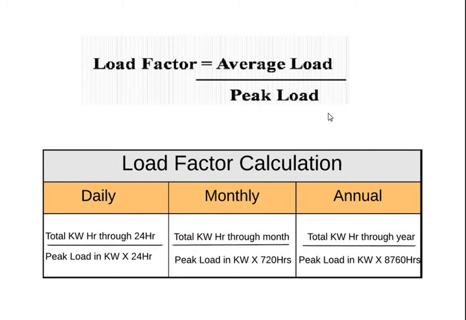You can see in this chart, on daily basis, the load factor will be total kilowatt hour through 24 hours divided by peak load in kilowatt into 24 hours, because it is for daily basis. For monthly basis, the time will be 24 hours into 30 days for a month, and for annual basis there are 365 days, so 365 into 24 hours, so it will be 8760 hours.